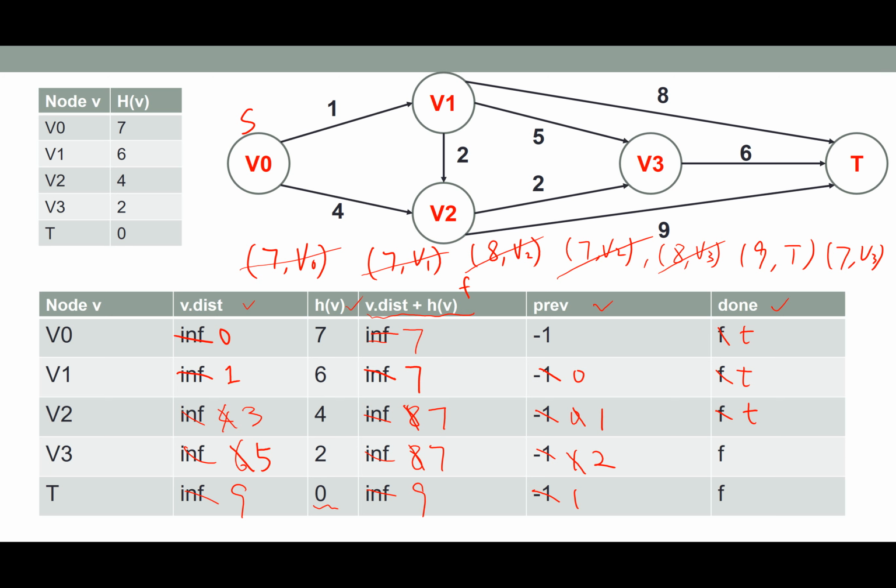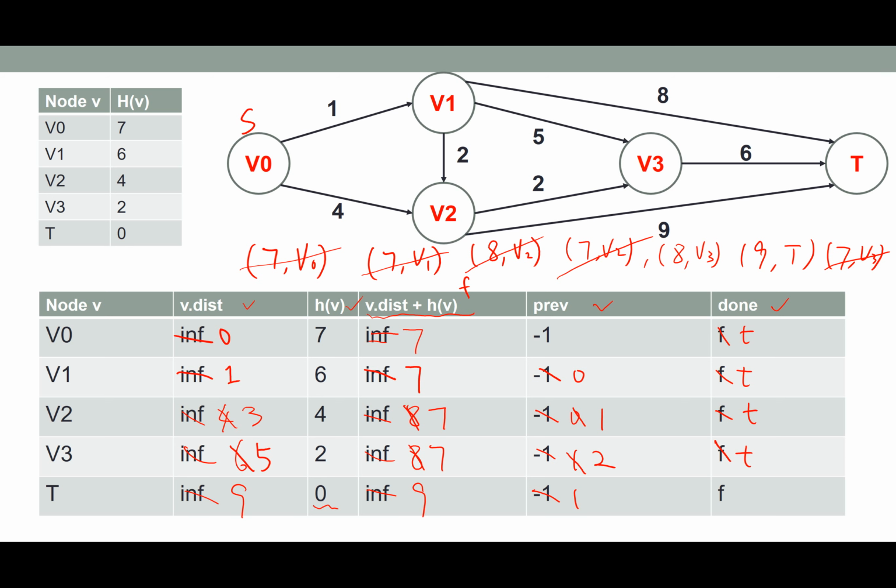So if you look at the neighbors of v3, so v3 now is fixed. v3 is true. We look at all the neighbors of, no, sorry, we are not looking at 8 v3. We are looking at 7 v3. Okay, this is what we pop. But at this time, v3 is true.